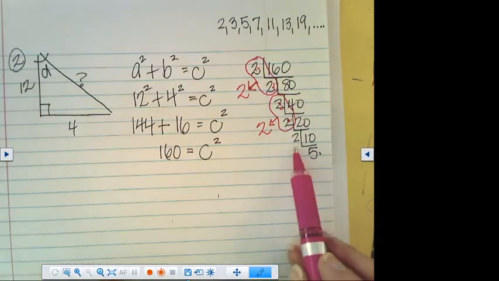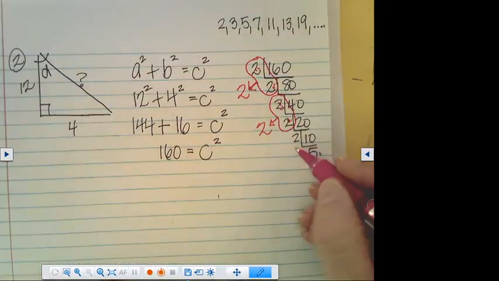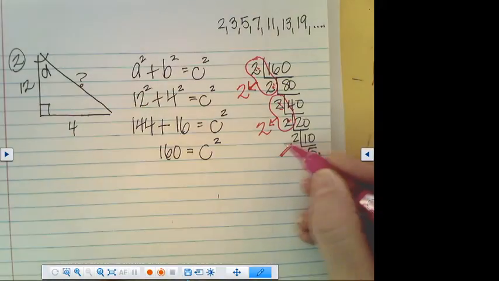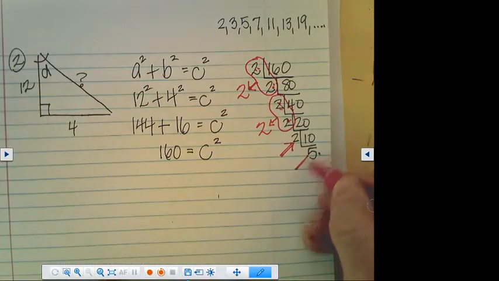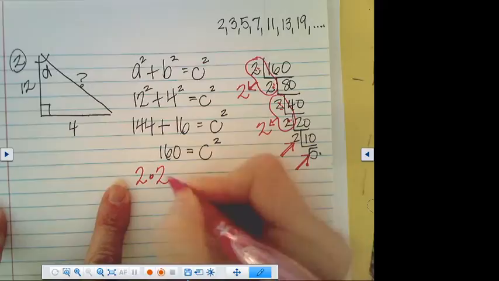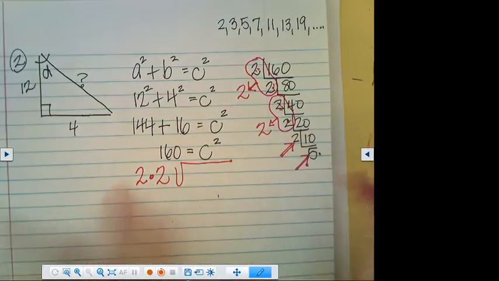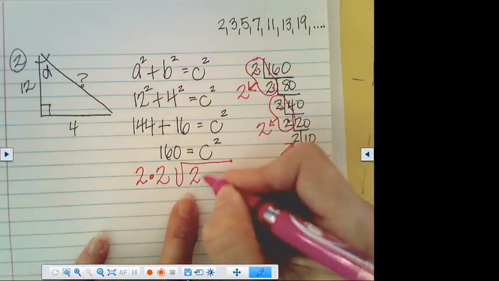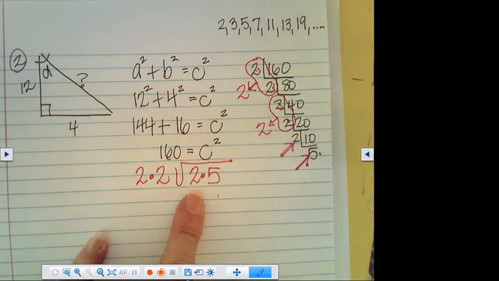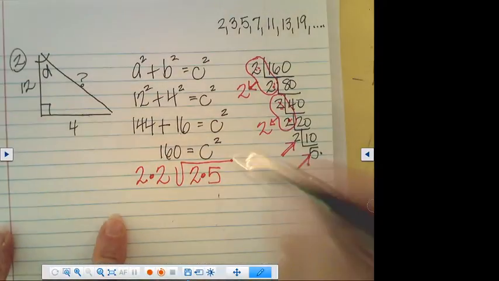Now, the other numbers, the 2 and the 5, did not get paired up, so they stay under the radical. You just brought out a 2 and another 2, and you're leaving the ones that do not get paired up. The 2 and the 5, 2 times 5, stay under the radical. Can you guys tell me what the simplified radical is?